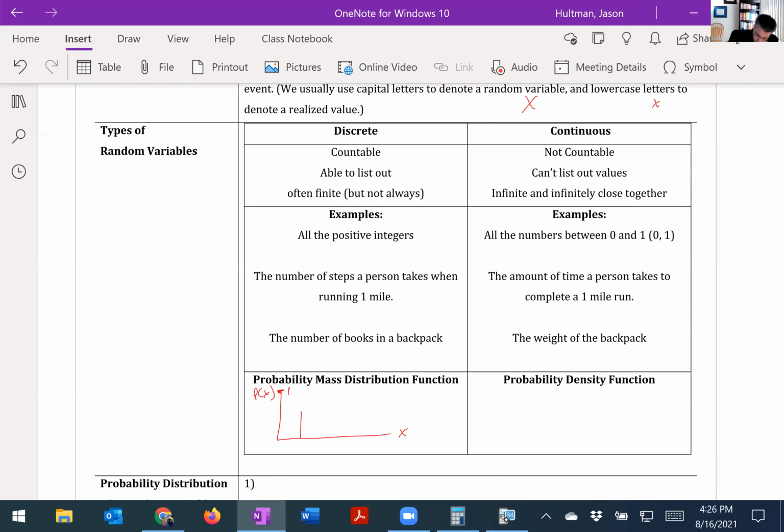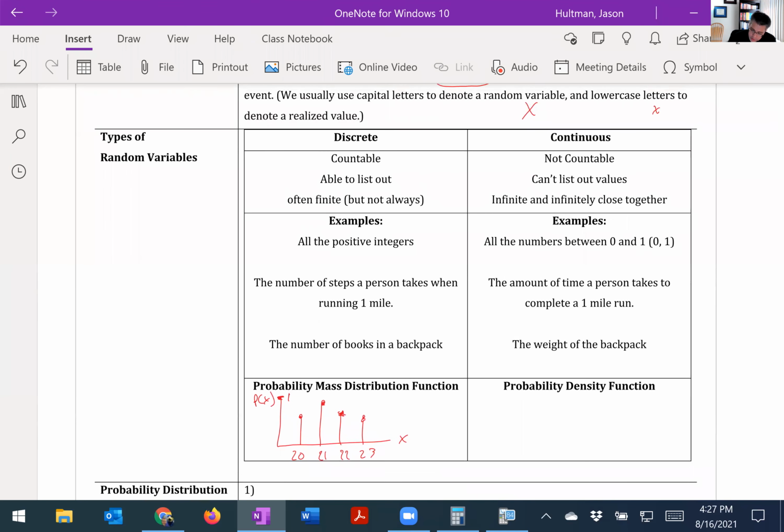So say that we have our first probability, second probability, third probability, fourth probability, and the values have to be numbers. They don't have to be like 1, 2, 3, 4, but they have to be numbers. They could be like 20, 21, 22, 23, whatever numbers you want here. But the values are discrete here. 20, 21, 22, 23.